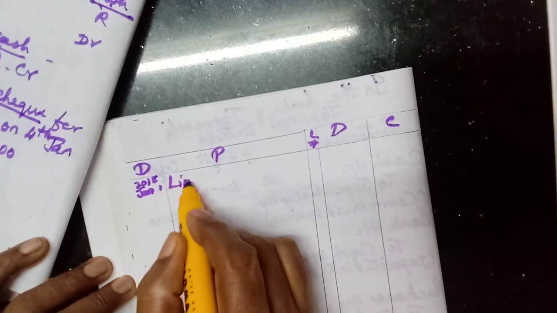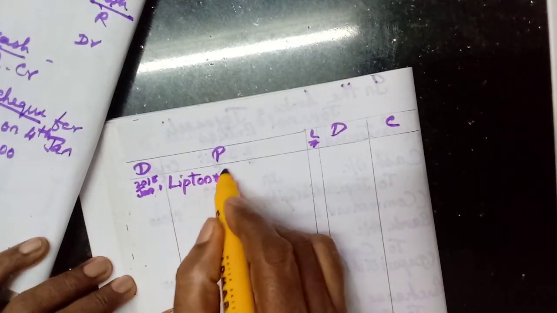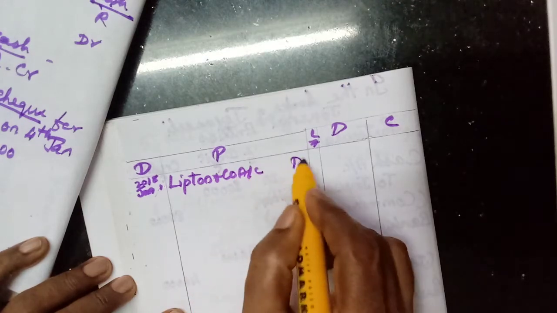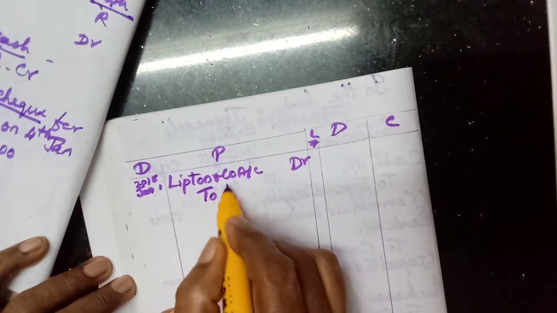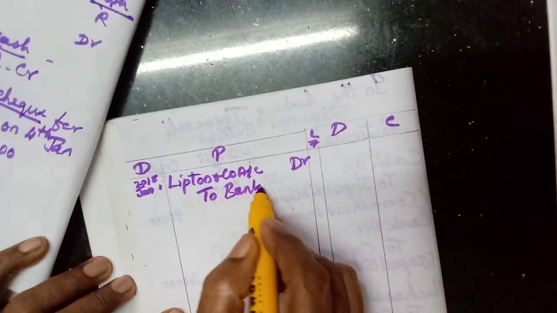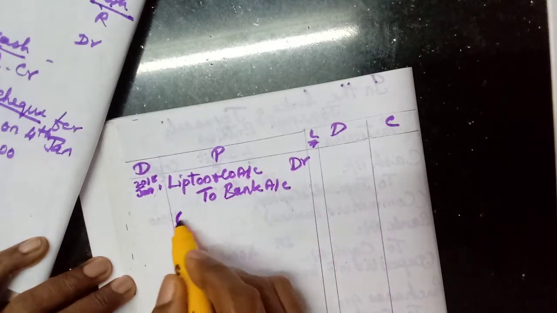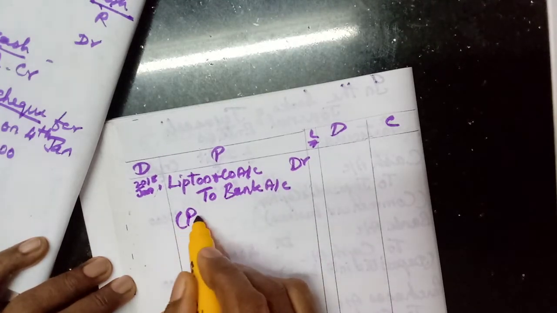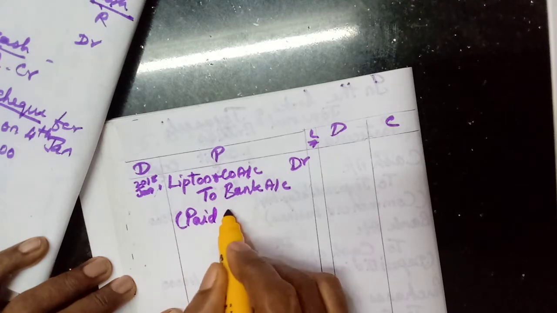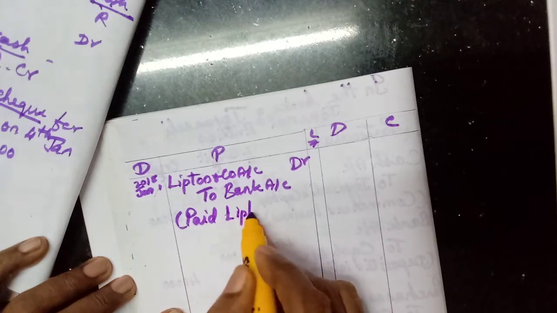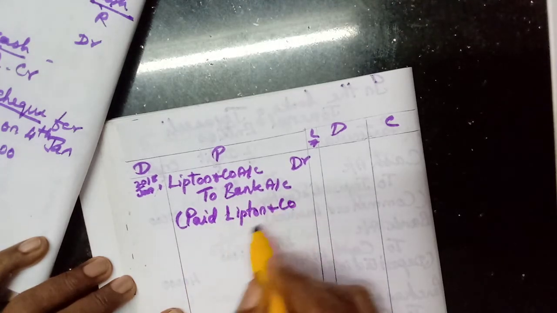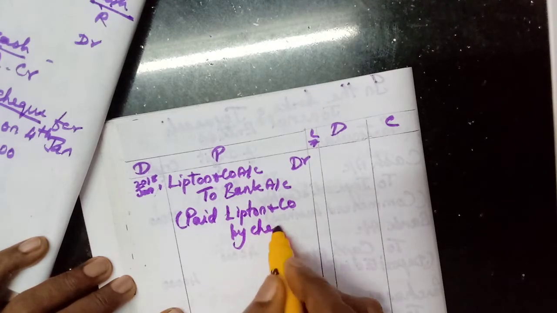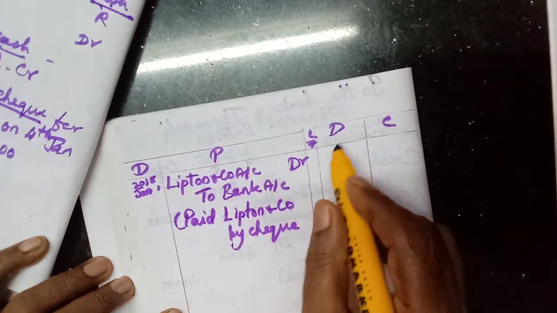Lipton and Co. account debtor to bank account. In short you can write paid Lipton and Co. by check. Okay, 10,000.